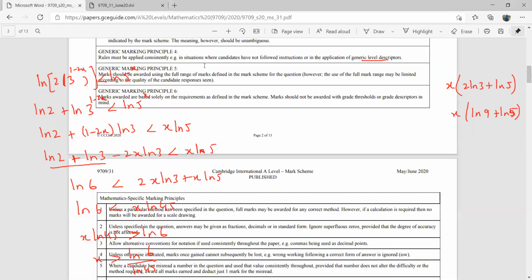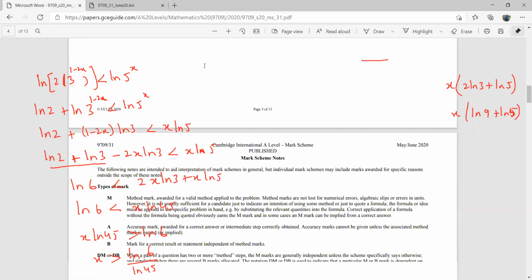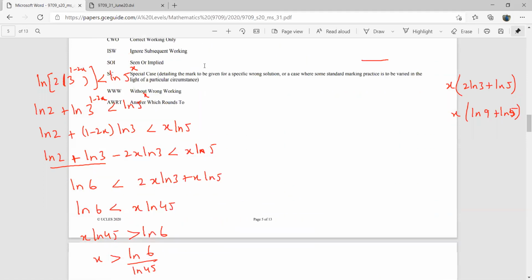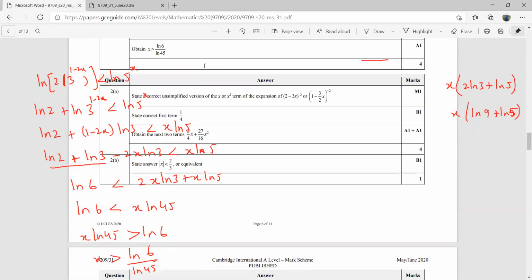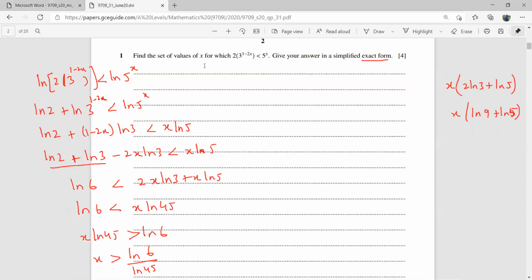Let me see if this is really the answer here. Here is the marking scheme. Yes, this is ln 6 over ln 45. Now, how this could be done: if there is someone who's really good at indices, you will see that this will take a lot fewer steps.